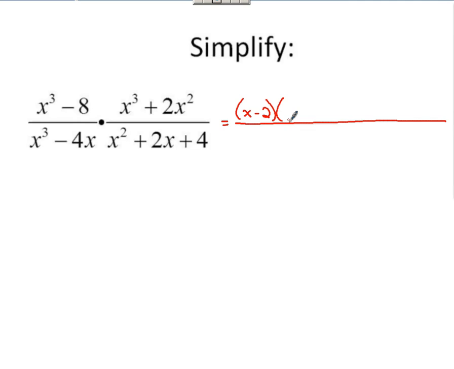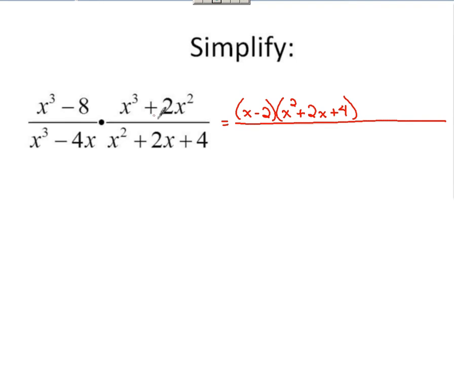That trinomial is going to consist of the first term squared, x squared, the product of the 2 and the x added on, and then the last term squared, so plus 4. That's the factorization for the difference of cubes.